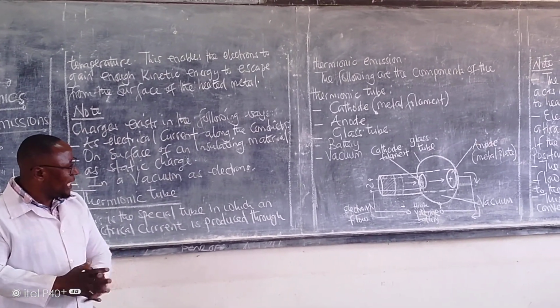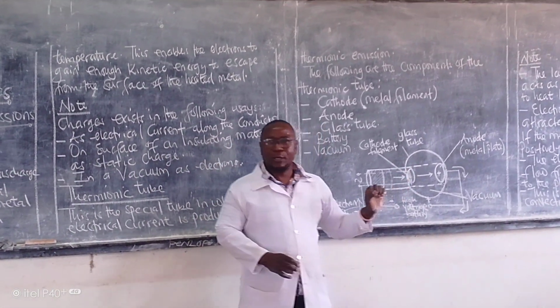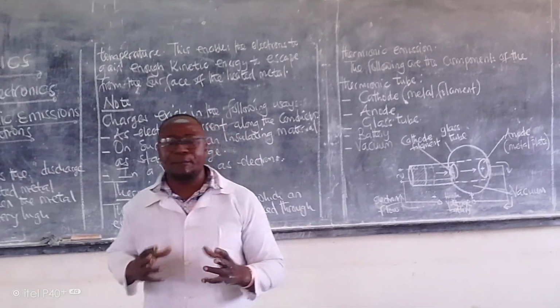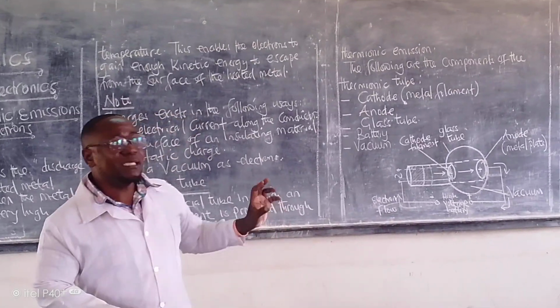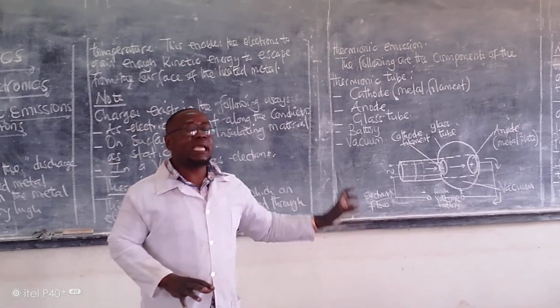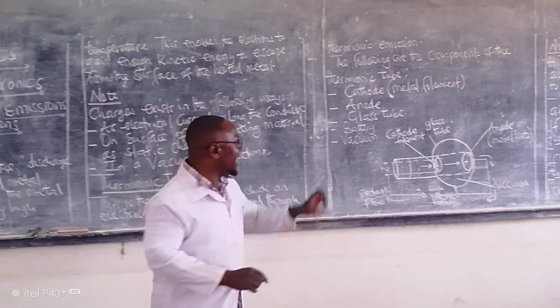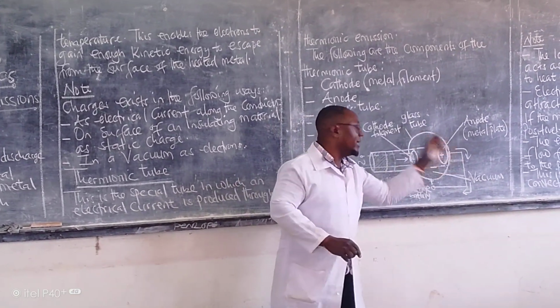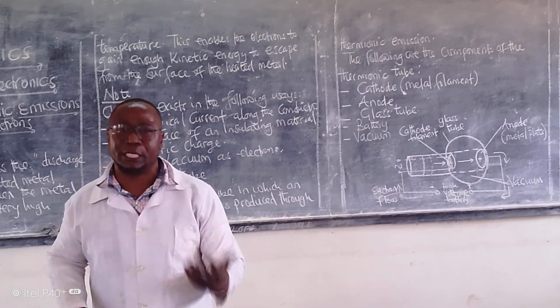The other thing that we need to understand is, why is this a vacuum? Why do we have a vacuum and why don't we allow a certain amount of air to be inside? It's probably because these electrons can ionize the air particles inside the vacuum. And once they ionize the air particles, then the application of the thermionic emission cannot be appreciated.